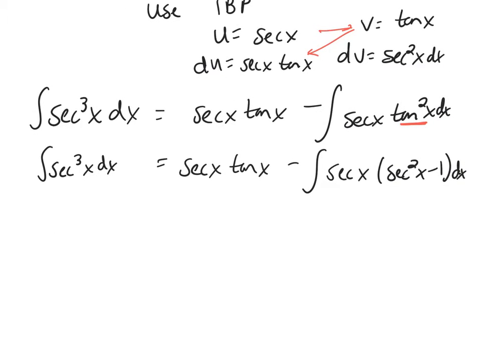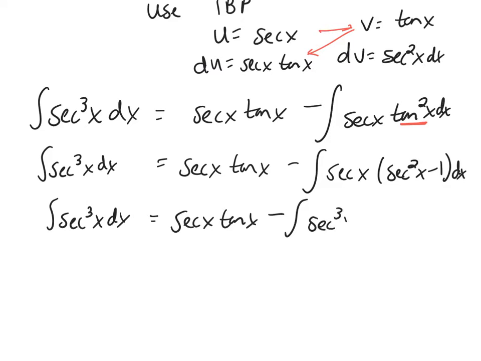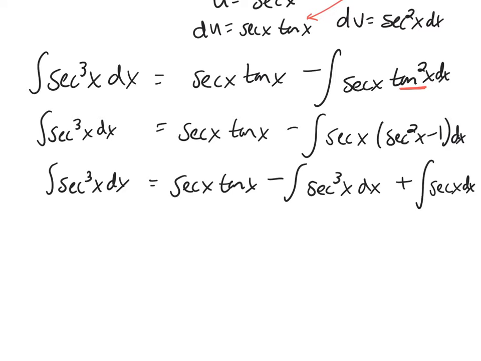Okay, so the integral of secant cubed is secant x tangent x, and then let's split this up. So this will be minus the integral of secant cubed, and then split it up into two integrals, plus the integral of secant. But I know the integral of secant. That was our recall fact from the beginning of this problem.